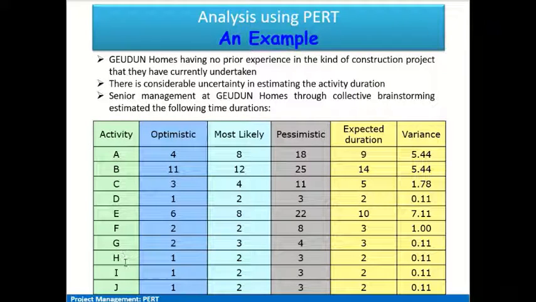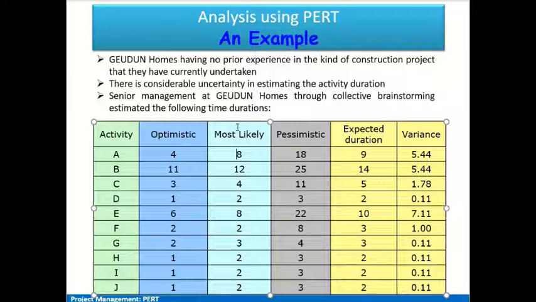So for the different activities associated with the project, we have the optimistic time estimates, provided through collective brainstorming. We get the estimates for the optimistic time period for each of these activities. Similarly, we have the most likely activity durations for these activities, and also the pessimistic activity durations.